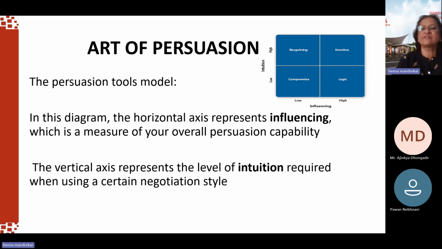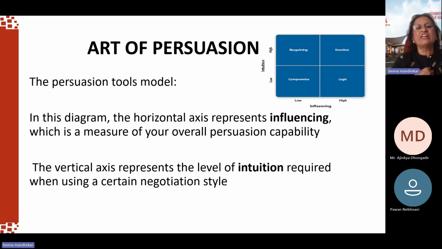The horizontal axis represents influencing, which is a measure of your overall persuasion capability. How much you can influence the buyer to buy your product. And the vertical axis represents the level of intuition when using a certain negotiation style.